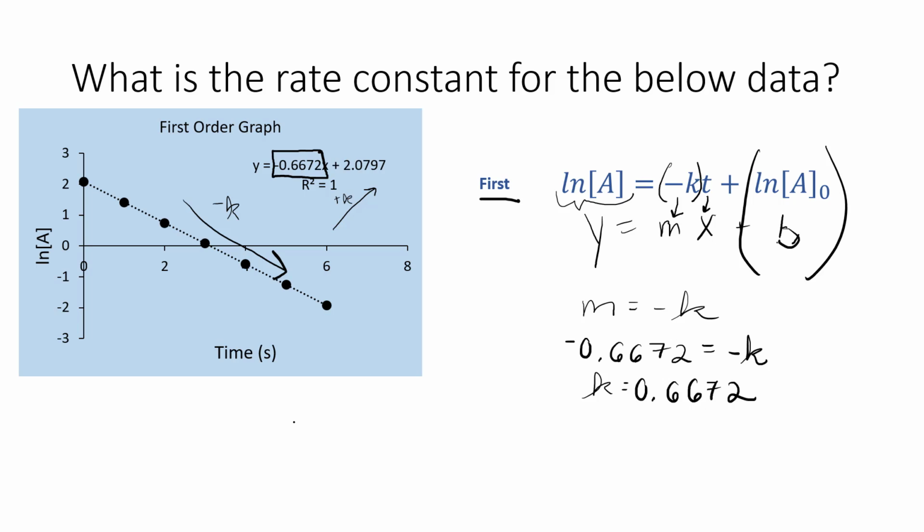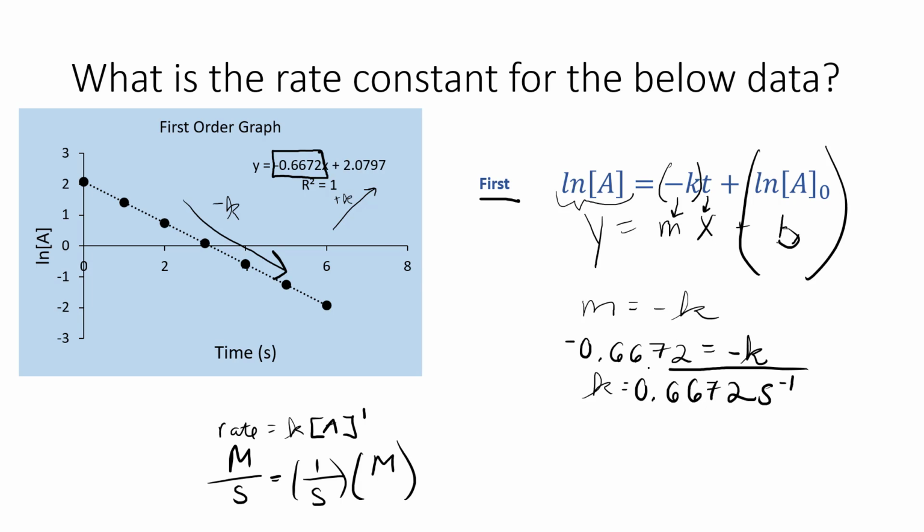So if this is first order, that means my rate equals my k times my concentration of A to the first. So if my rate, remember how we did this, is molarity per second, then my concentration here is molarity, so that means my k is 1 over second. And so my units here is s minus 1, and that's my k value.